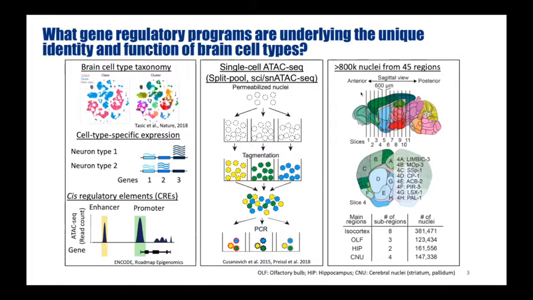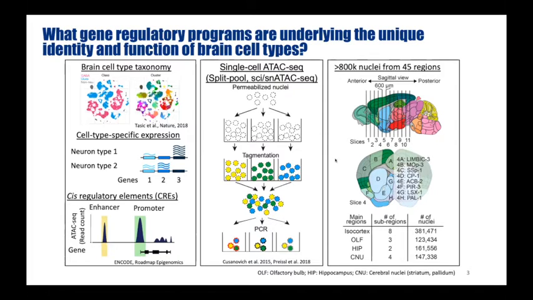In the first version of the paper, we mainly focused on half of the mouse brain. We dissected the brain into several slices, and each slice we further dissected into different brain regions based on the annotation from the Allen Institute. Roughly, the data set I'm going to talk about today is more than 800,000 nuclei from 45 brain regions.